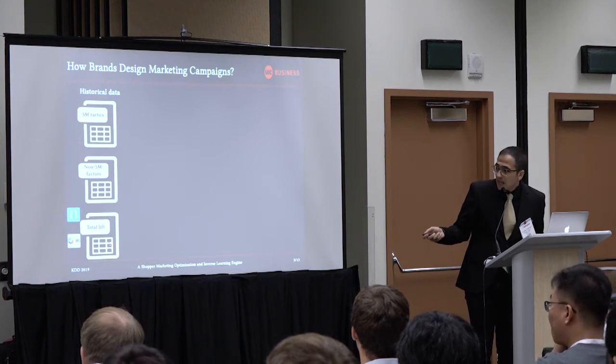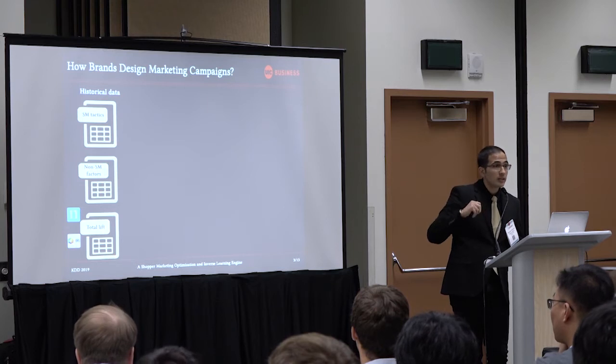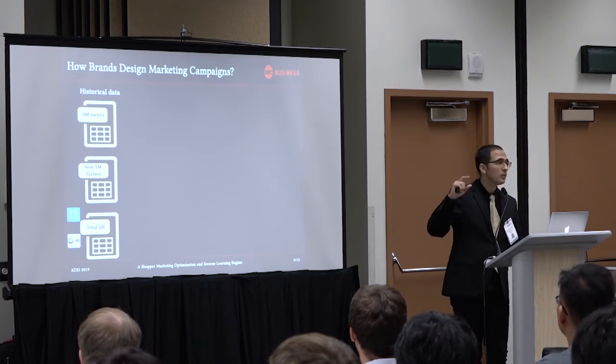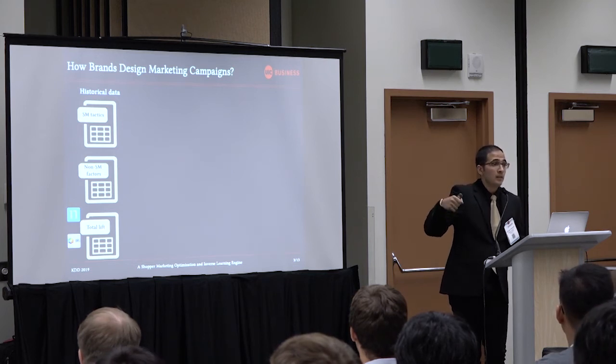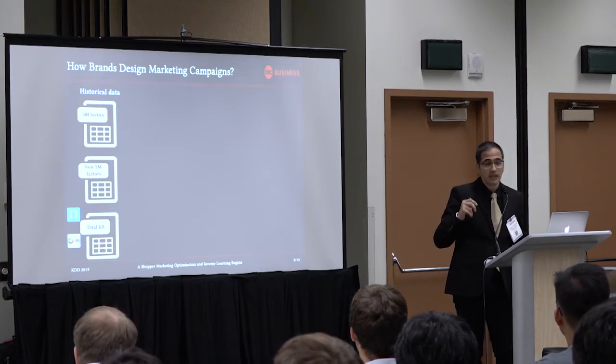And they have lift information, which external vendors usually provide. This total lift says that in a particular week, if they have some shopper marketing tactics, how much their sales increment or their lift is.